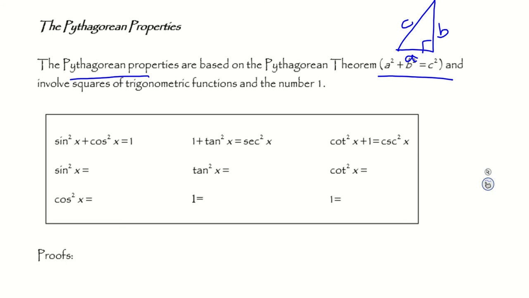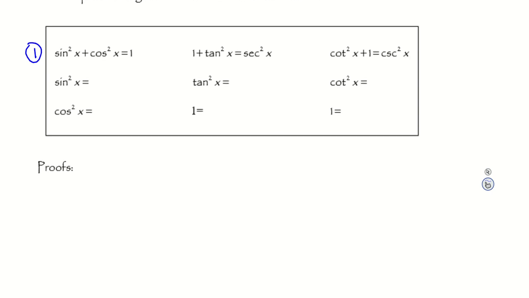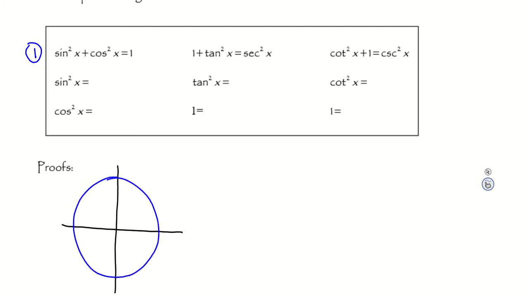So our first Pythagorean property, we're going to have 9 of them, but our first one is that the sine squared plus the cosine squared equals 1. Let me quickly show you where that comes from. If we come and look at our unit circle in standard position, and we take a point on that unit circle, so I'm going to put a point here, and we call the coordinates of that point u, v.